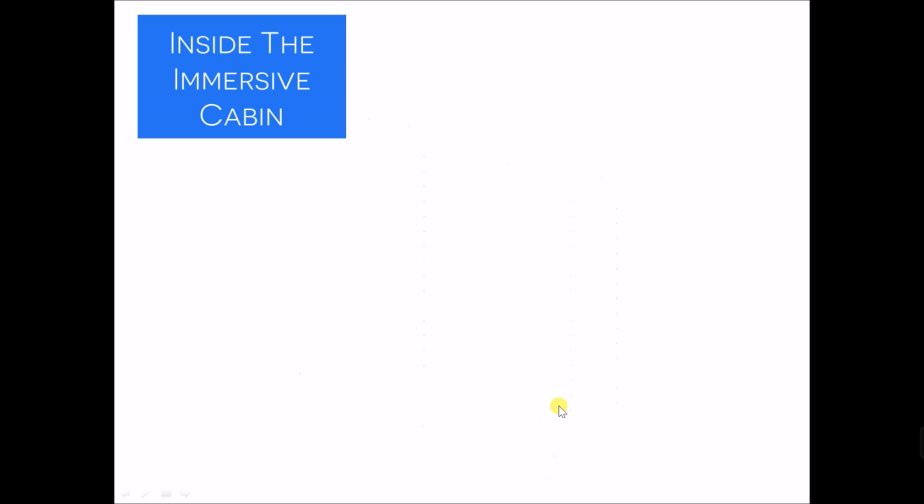So what does it look like? This is a picture taken inside the immersive cabin. This is a structural molecular biology data set, I think, colored by some attribute, and we can fit quite a few people in this. You can wear stereo glasses, so now you actually see things in stereo.